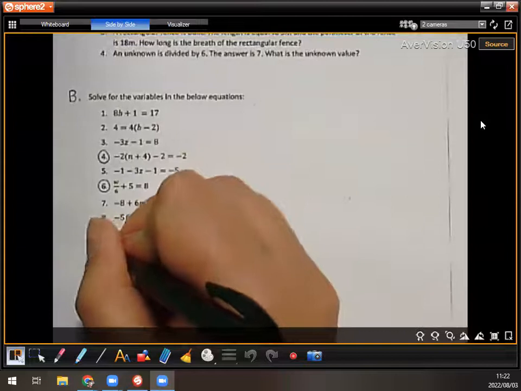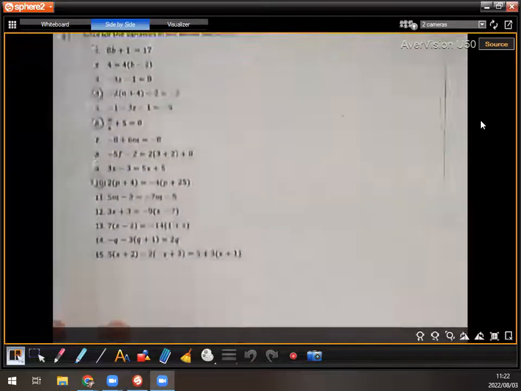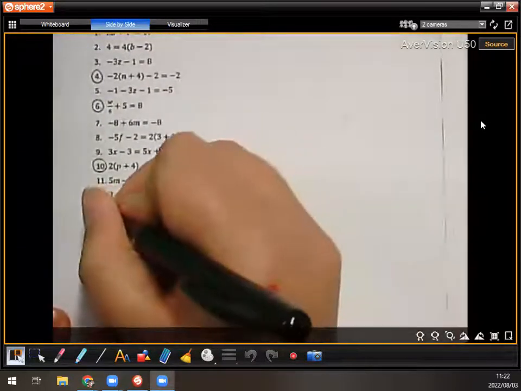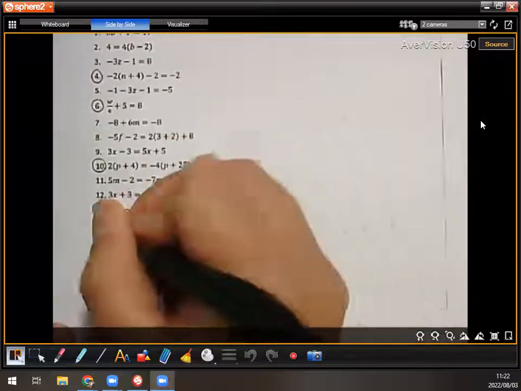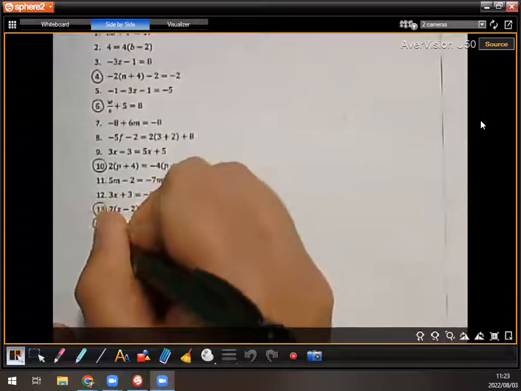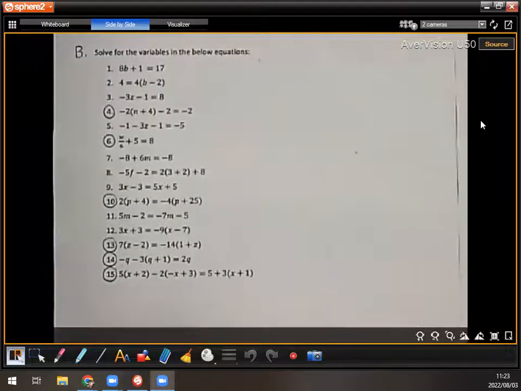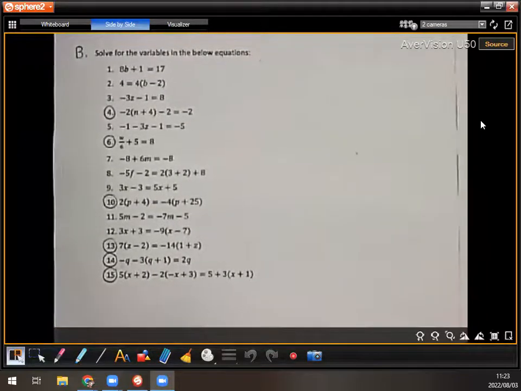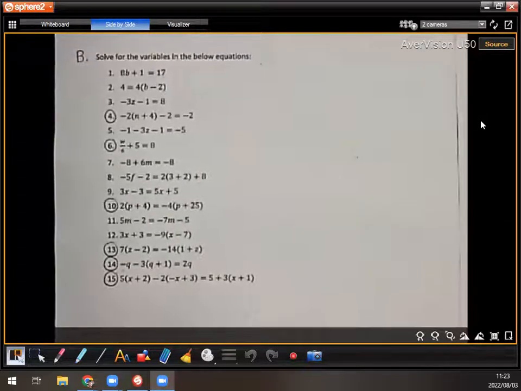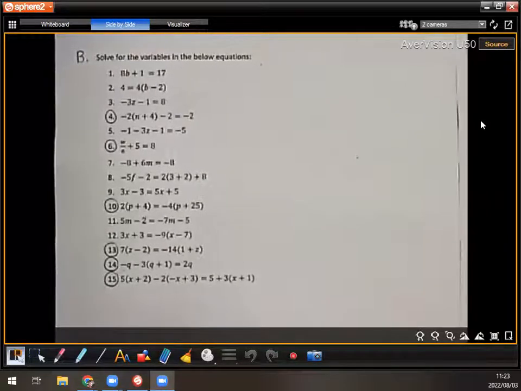Number 10, 13, 14, and 15. So there are 6 equations that you're going to solve for me for tomorrow. Please keep going on that now. You don't have a lot of time, but you can definitely do at least the first one, possibly the first two, maybe even more.